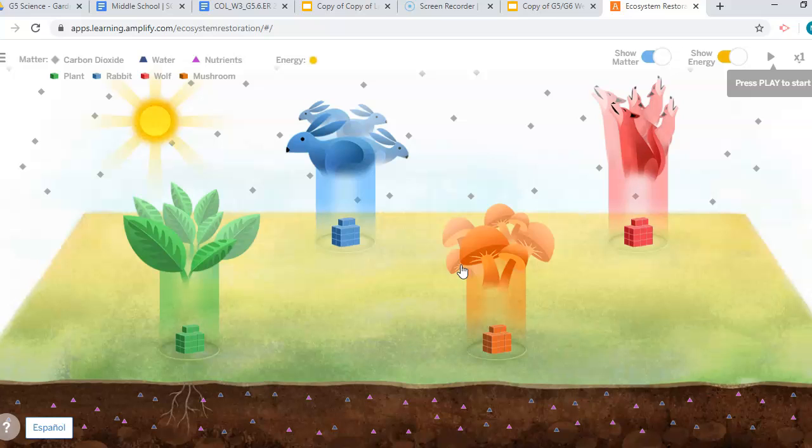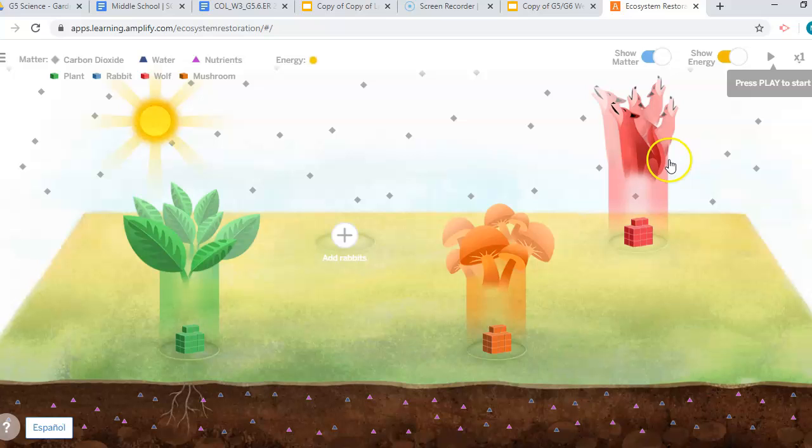So we are going to practice first. For us to understand the simulation, I'm going to start off by removing the rabbits. I'm going to click on the rabbits and remove them from this ecosystem. Now I wonder how will this affect my ecosystem? I'm going to press play, and I'm also going to increase the time to 2.